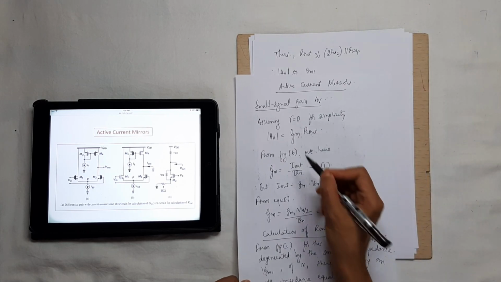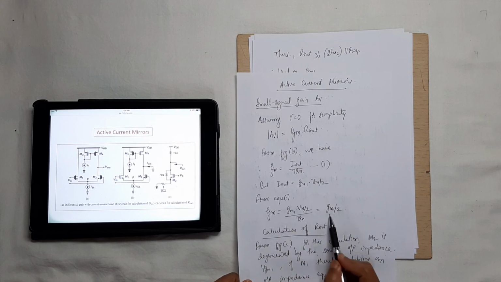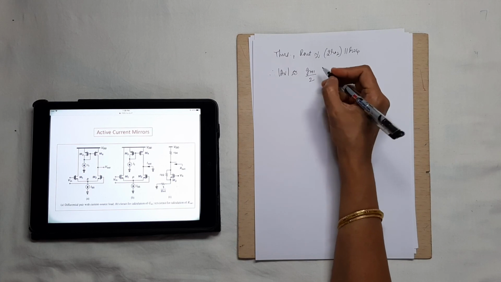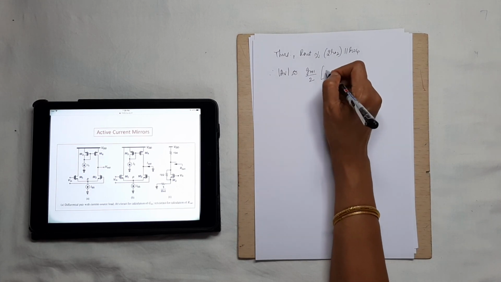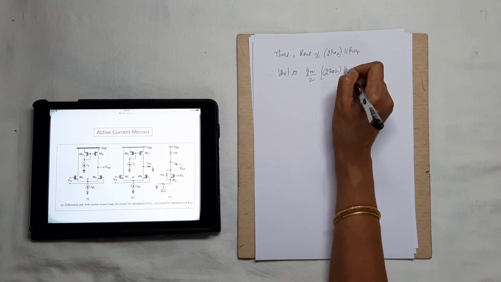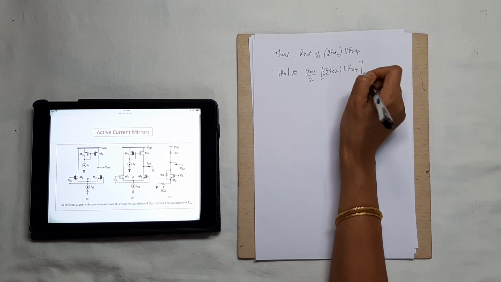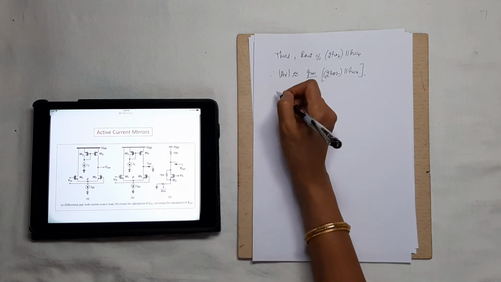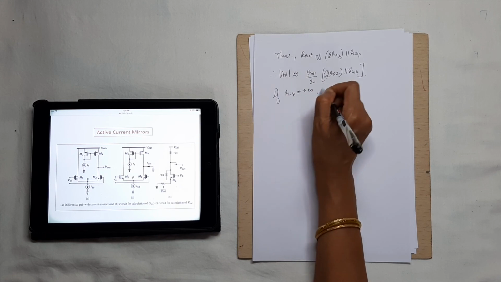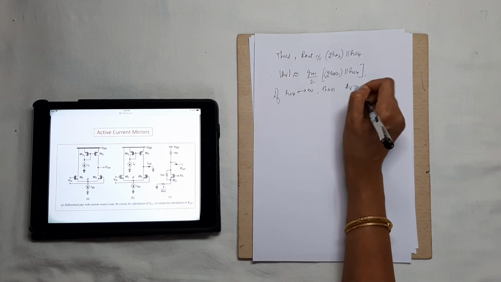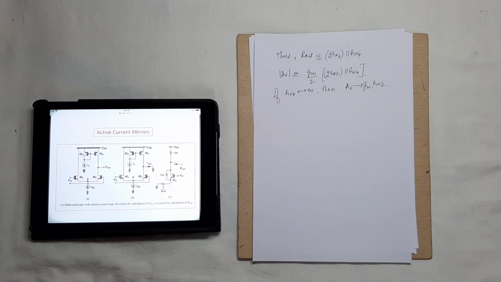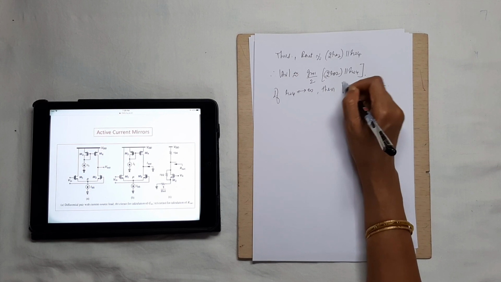See, AV is given as GM into R out, and GM we have obtained as GM1 by 2, multiplied by 2 RO2 parallel to RO4. If RO4 tends to infinity, then AV tends to GM1 RO2. This is the expression of the AV.